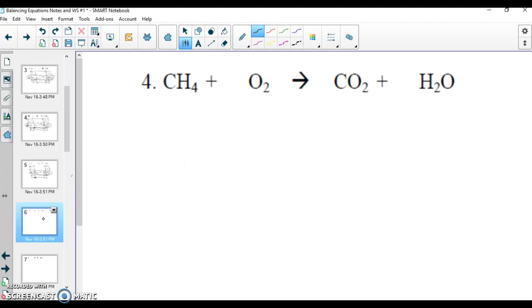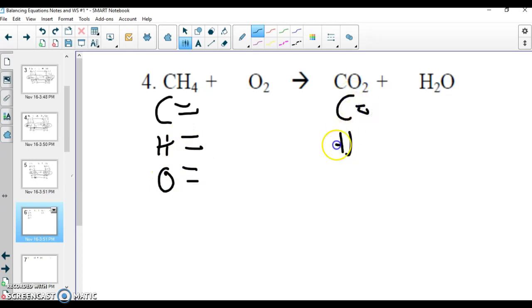Okay, for number 4, this is actually what is called a combustion reaction, because this is a hydrocarbon plus oxygen yields carbon dioxide and water. We're going to be taking a look at those next week. So now we're going from 2 to 3 elements that we're going to have to balance.